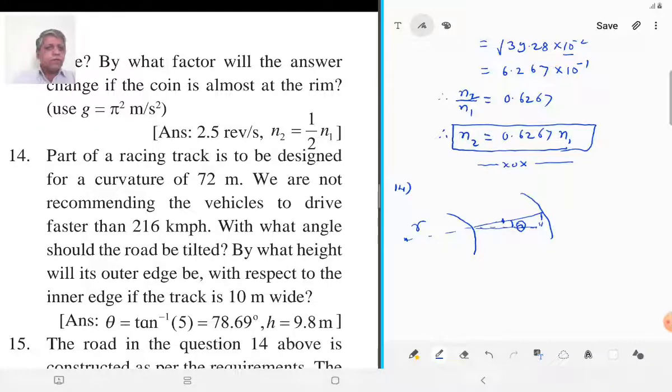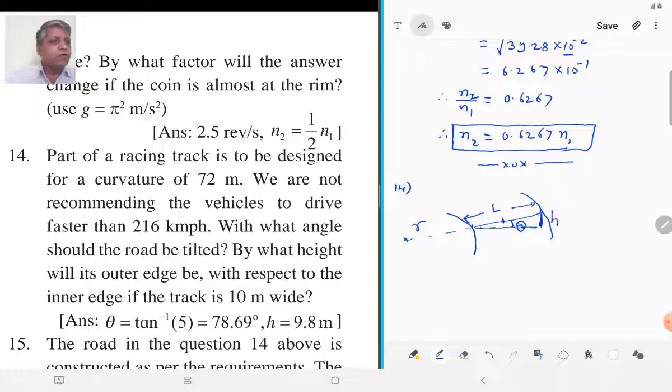Here also, by what height will its outer edge be with respect to the inner edge, if the track is 10 meter wide? If this road surface has width length L, then what is the height?